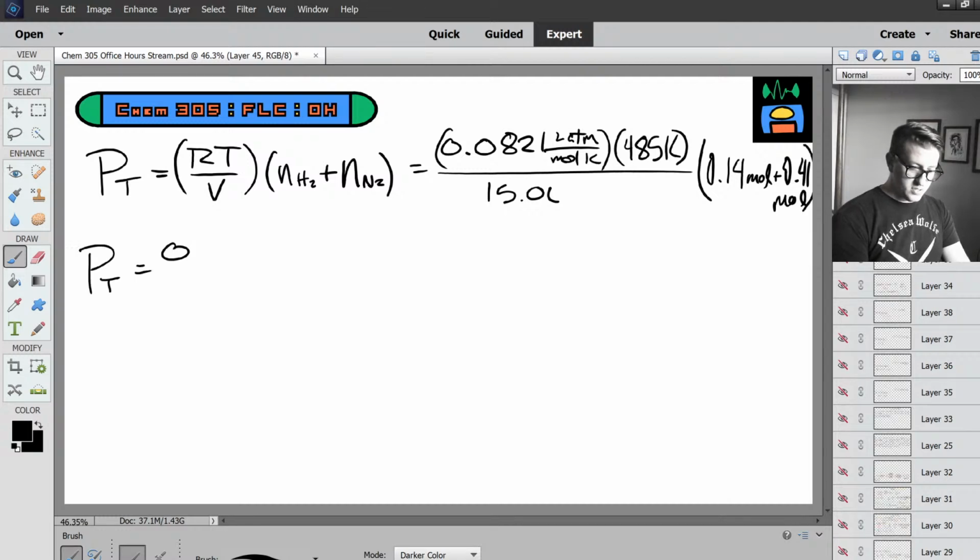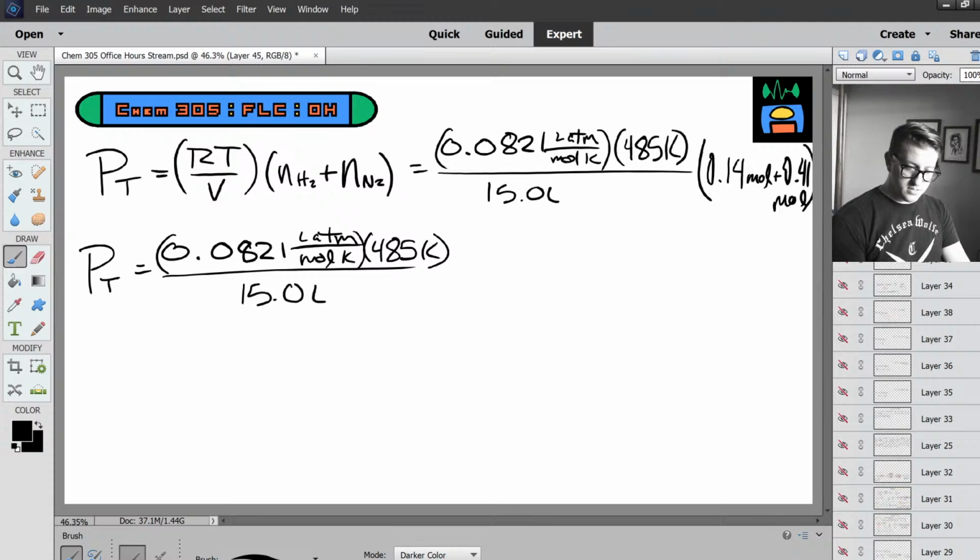So total pressure is equal to 0.0821 liter atmospheres per mole Kelvin times 485 K over 15.0 liters times 0.55 moles.